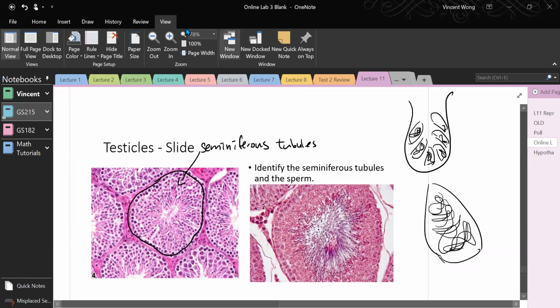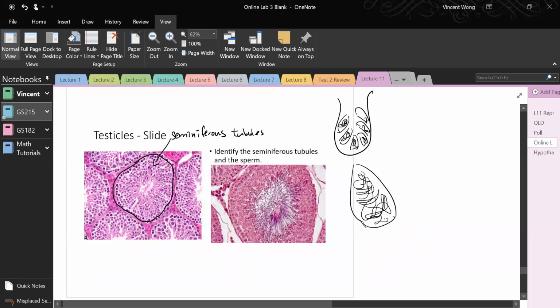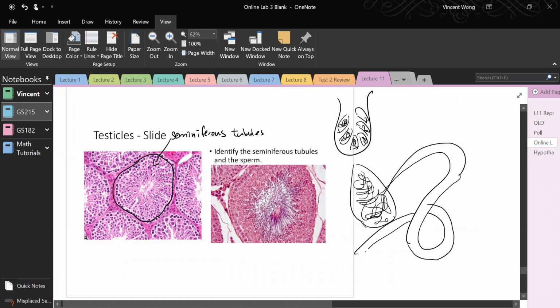In the lecture I said it's like ramen, like instant noodles. It's all coiled up and packed up. If you pull one of them out, you will see there's a tube, and again it's all looped up like that.